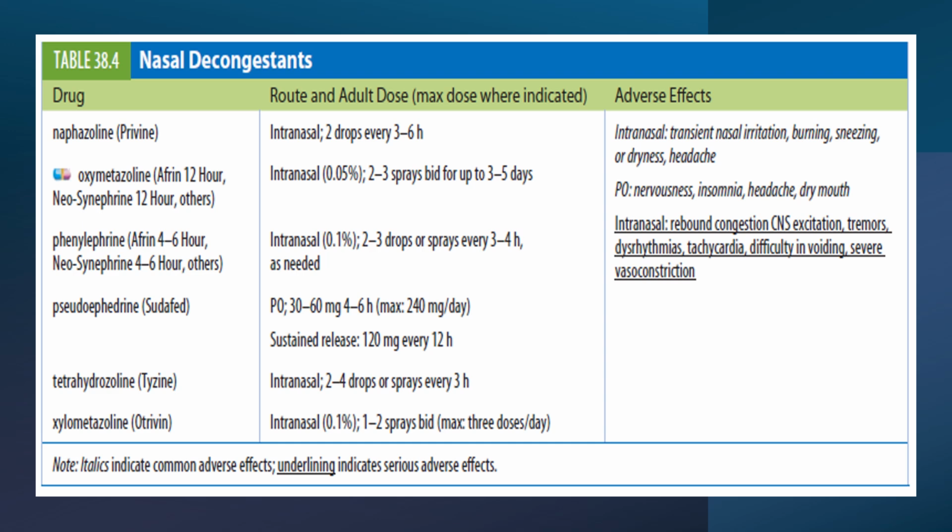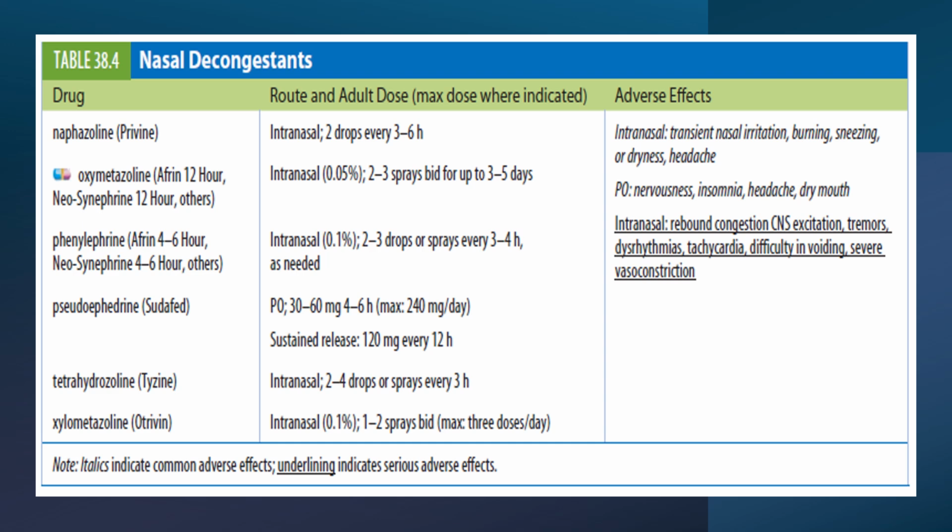Now, for the pharmacotherapy of nasal congestion with decongestants, most decongestants are sympathomimetics, drugs that activate the sympathetic nervous system. Sympathomimetics with alpha-adrenergic activity are effective at relieving the nasal congestion associated with the common cold or allergic rhinitis when given by either the oral or intranasal route.